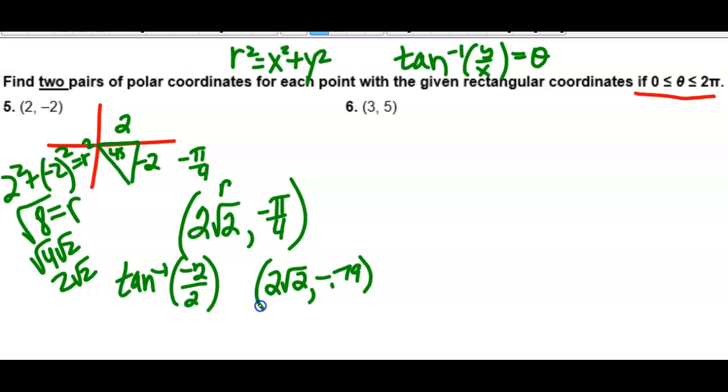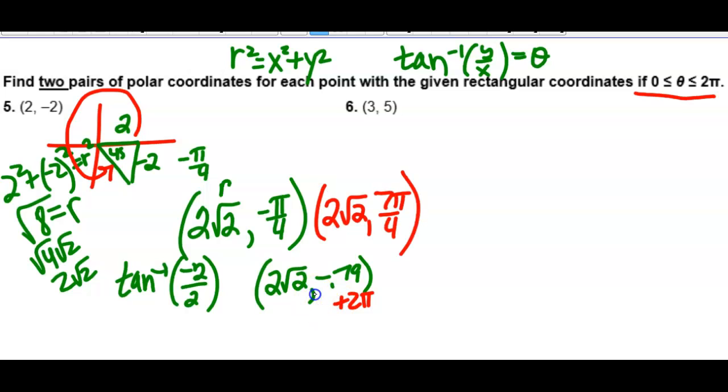But they're supposed to give us another name. That's really not two different names. That's the same name. Another name would be to say I'm going to go this way. So that is, instead of a negative, you're going to add a whole 2 pi to that, which, if you wanted an exact answer, would be 7 pi over 4.